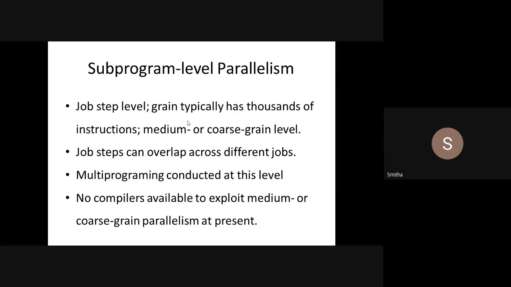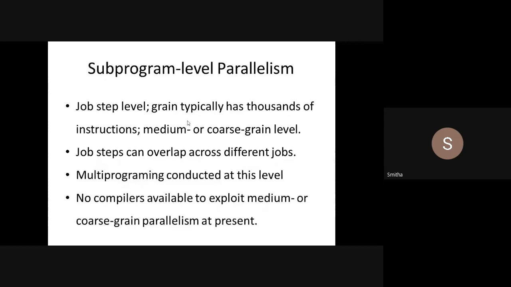You have studied in operating systems what multi-programming and multitasking are, right? No compilers are available to exploit medium or coarse grain parallelism at present. So we don't have any supporting compiler for this type of parallelism.